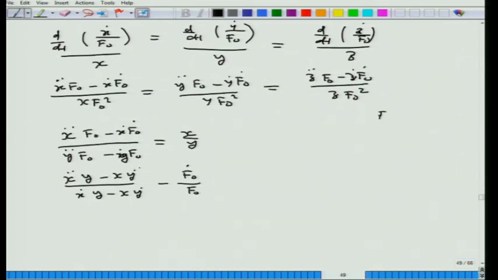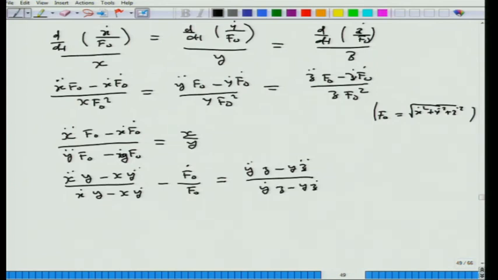Here f0 is square root x dot square plus y dot square plus z dot square. And this is also solving it for the other two: y double dot z minus y z double dot over y dot z minus y z dot.